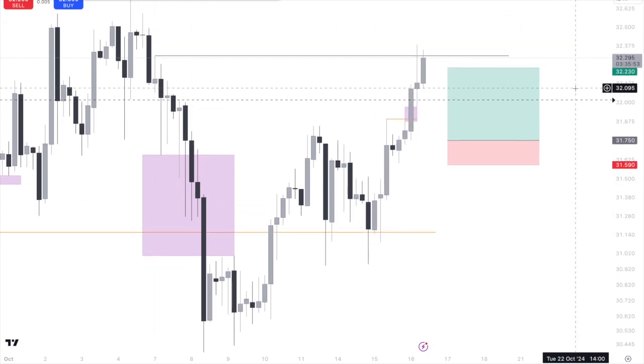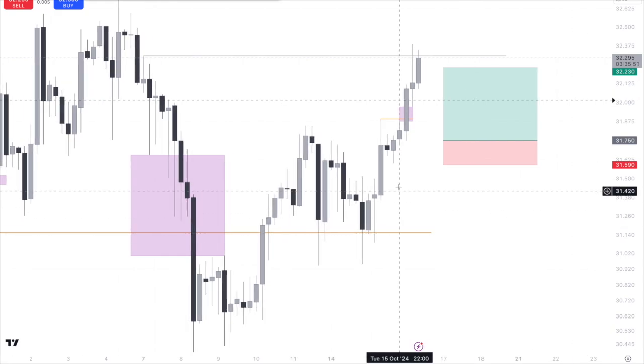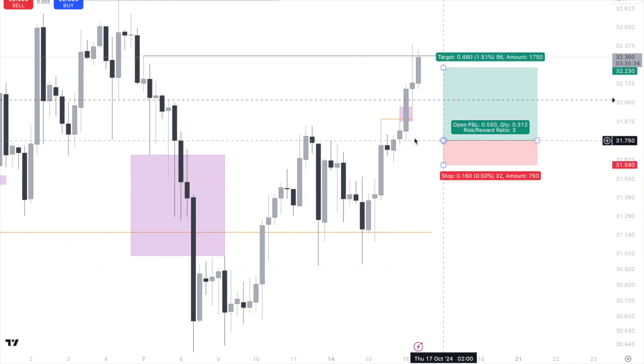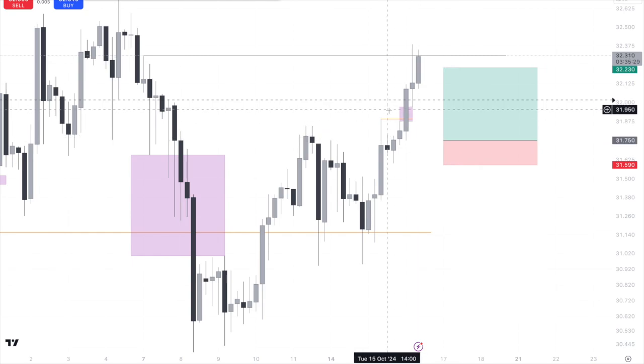This is nice. This was the ideal place that I wanted to get in, but again, this was at a really awkward time. 6 o'clock New York. No, it's at the start of this one. 10 o'clock New York. I think that's some stupid time in the morning here. So this would have been the ideal entry with this, and that is a 1 to 3, really clean 1 to 3. Obviously, you would have gone break even as soon as you hit that.